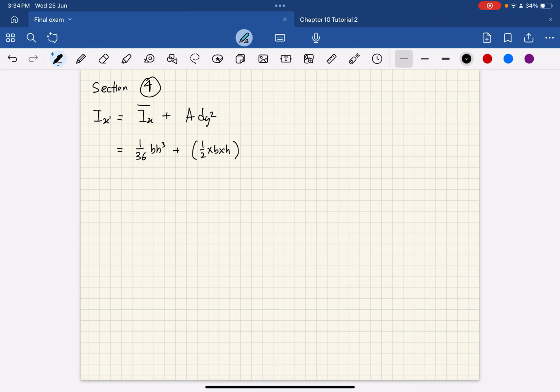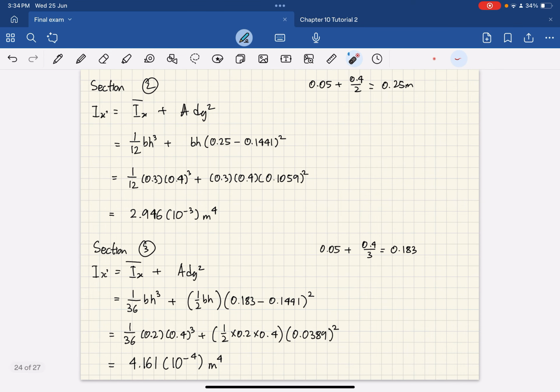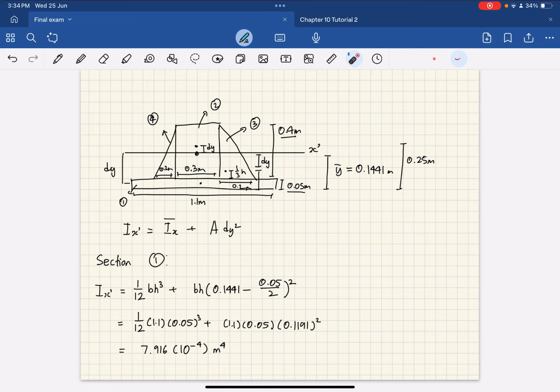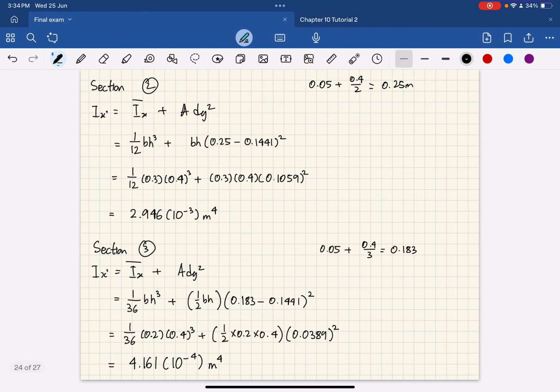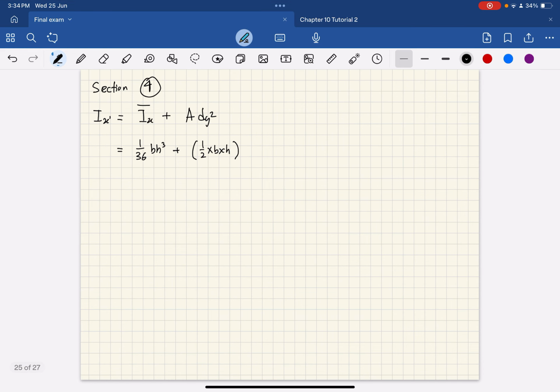Now dy squared, again, is the distance from the centroid to the axis. The procedure is the same as 0.05 plus 0.4 over 3, which I think we got last time already. This value right here, the same value we're going to plug in as well.